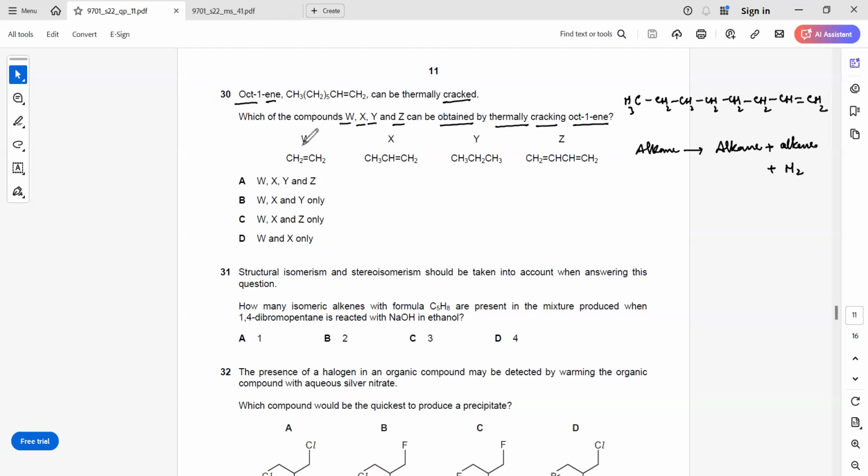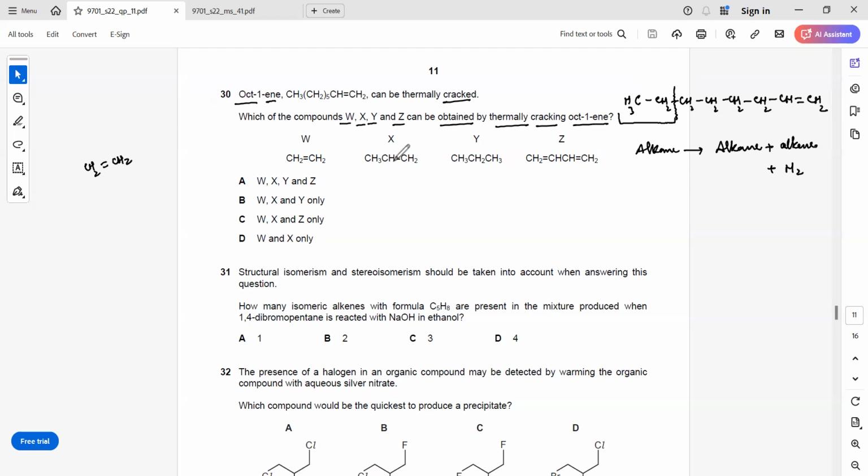Okay, let's see W. That is ethene. So if we break this compound from this point, yes, it will give us an alkene, that is possible, CH2 double bond CH2, right? And if we break this compound, it's propene.